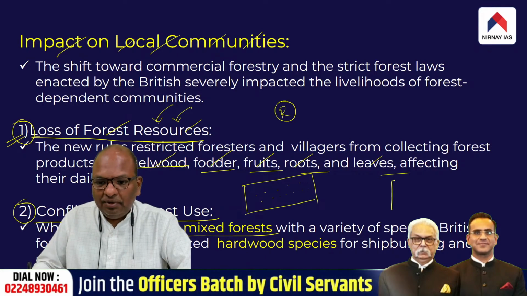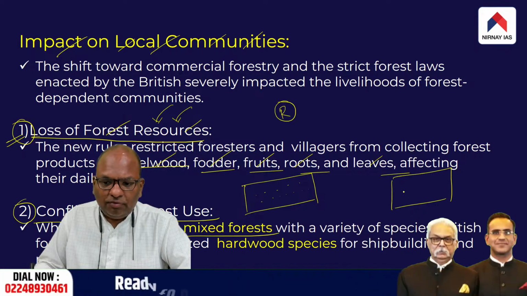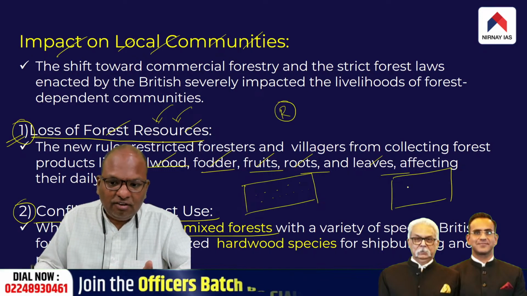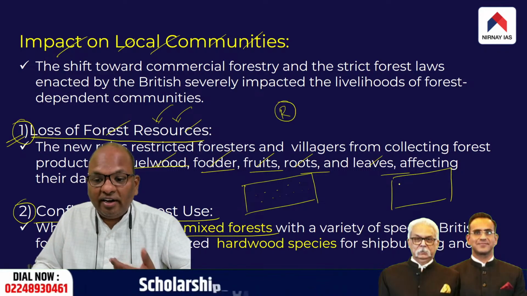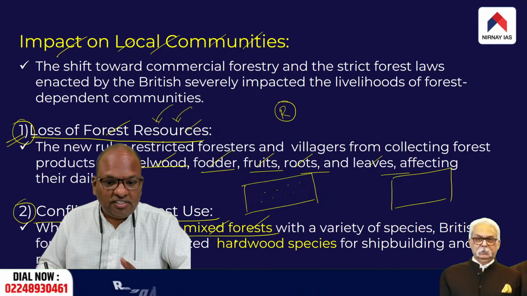For example, there is a patch of forest with diverse trees. People living near that forest can depend on such a forest for meeting all their needs. So the village people preferred mixed forest.